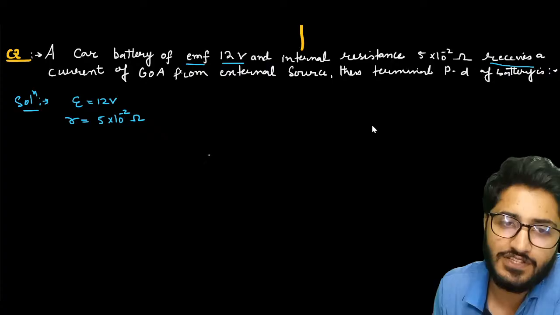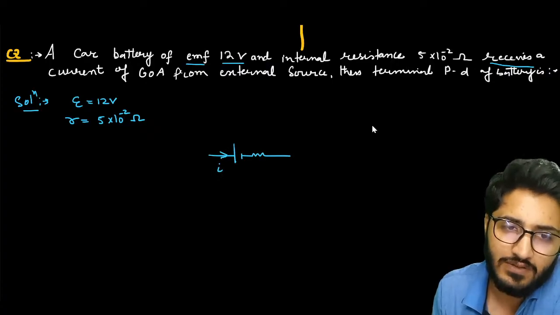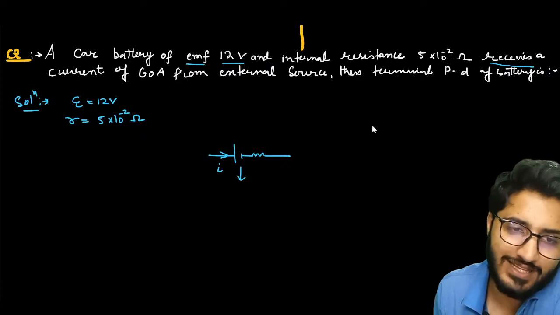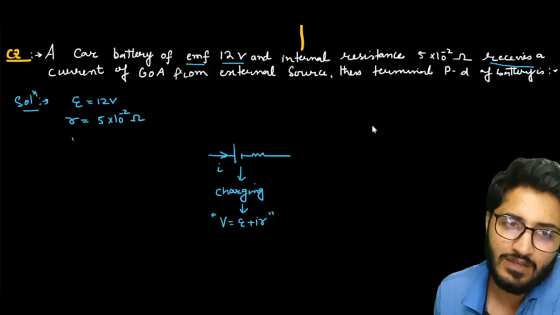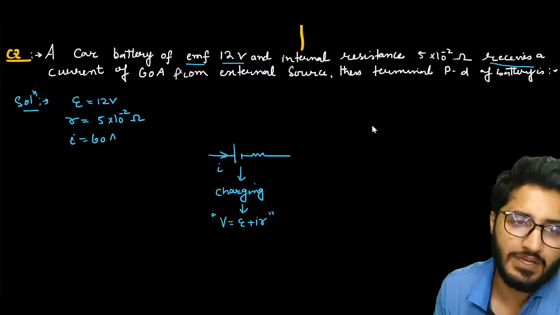That means if this is your battery, it receives current. So this particular case is discharging or charging? Sir, it is charging case. And if it is charging case, you will write V equals E plus Ir. And current is 60 ampere. So we have to find out V.